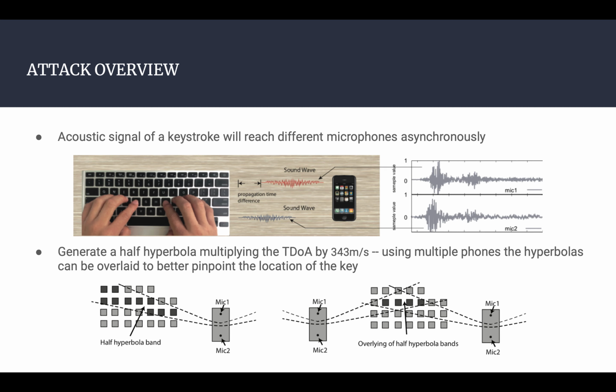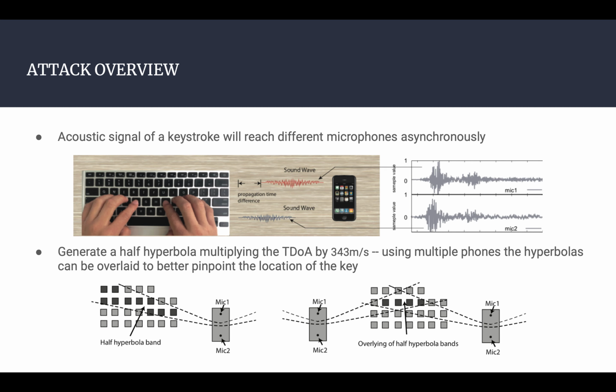So, a quick overview of the attack. As you can see in the top diagram, it's an illustration of what I mentioned with respect to measuring the difference in distance of range from the key to the microphones. The sound wave is going to reach the top microphone before or after the bottom microphone, depending on where the keyboard is and what the key that was typed is.